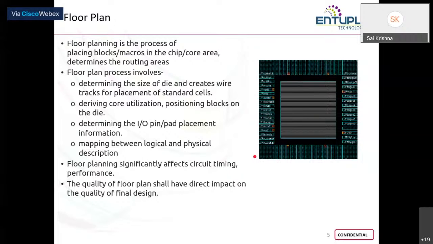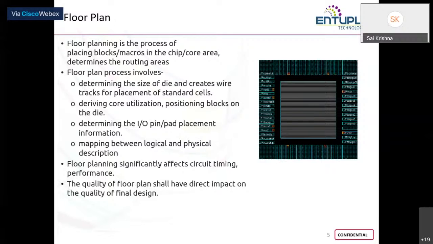Now, what is the importance of floor plan? The thing is, if you have a macro in your design, a macro could be having some hundreds of pins or even higher. It depends on what the macro is.